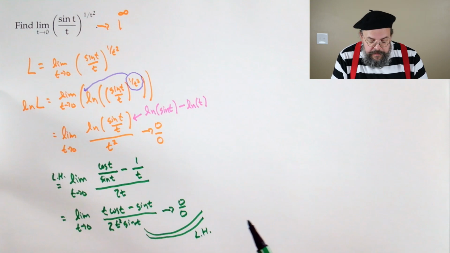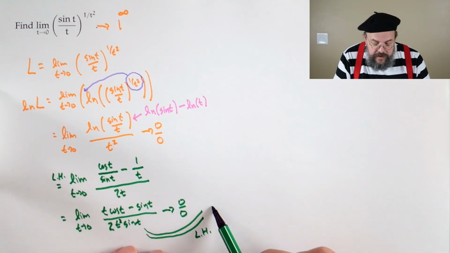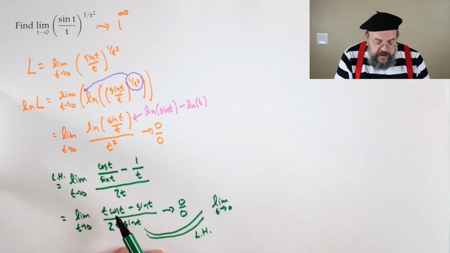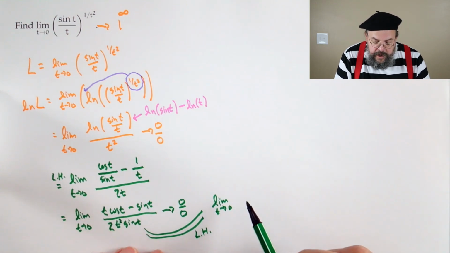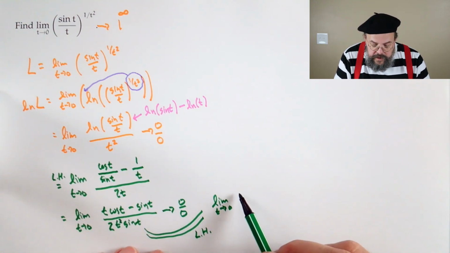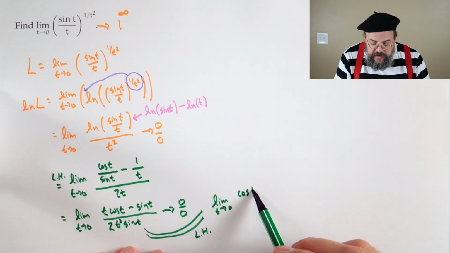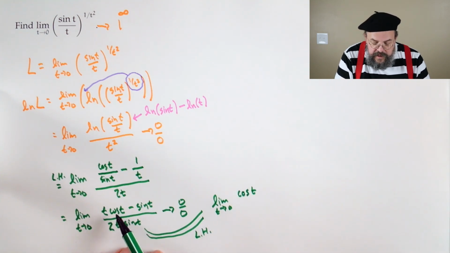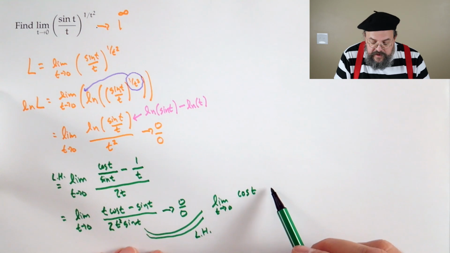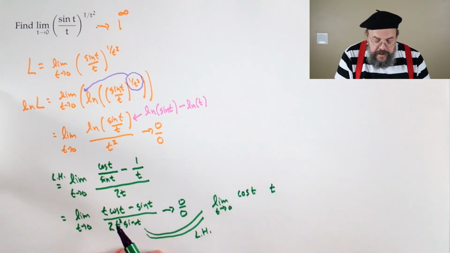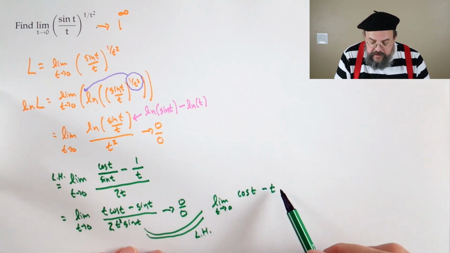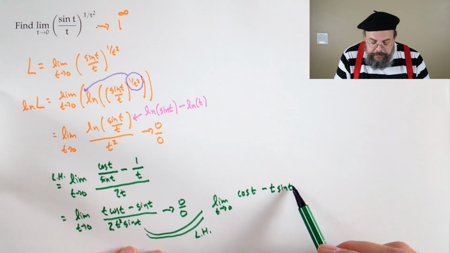All right, so we apply it, and we have this is the limit as t goes to 0. So here, we'll take the derivative of the top, product rule: derivative of the first, 1, times second, cosine t, is the derivative of the first times the second, plus the first times the derivative of the second. Well, the first is t, and the derivative of cosine is negative sine.